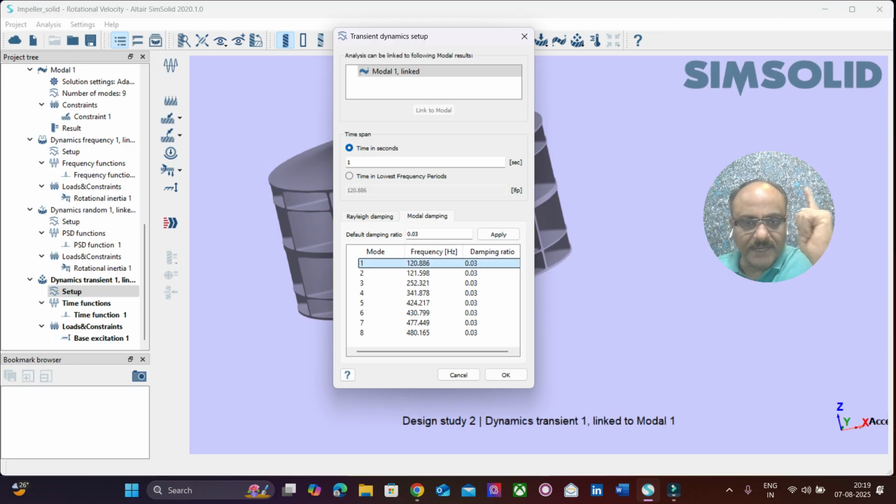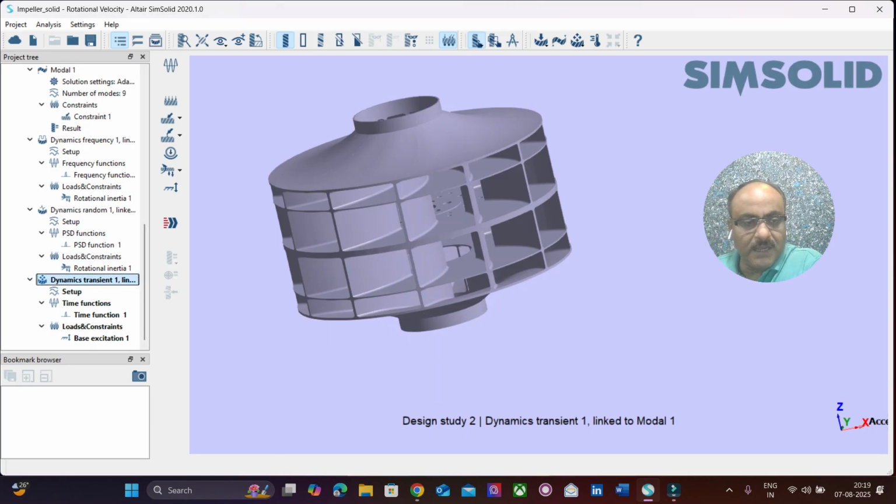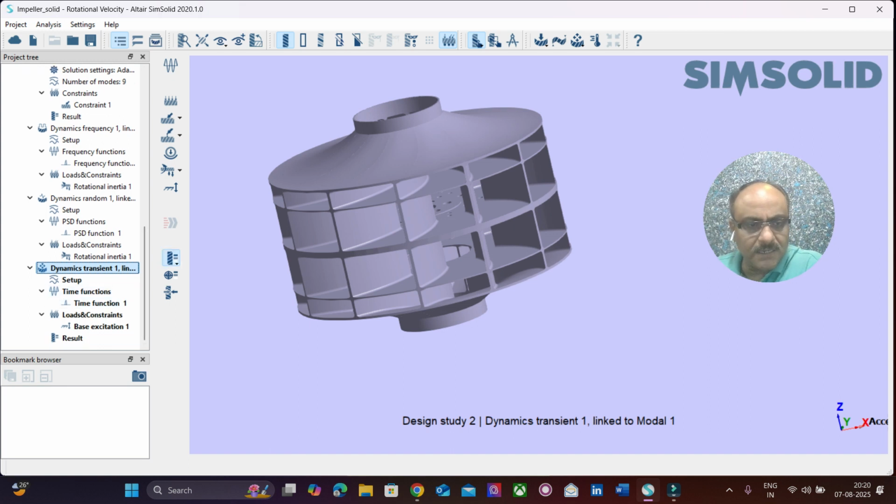This operating frequency is ranging between 120.88 Hertz and 480.16 Hertz. Within any of these ranges, the pulse, the time function we saw, is applied for a duration, and we are performing this simulation. Once we perform the simulation, we will be able to understand how the displacement is going to be.